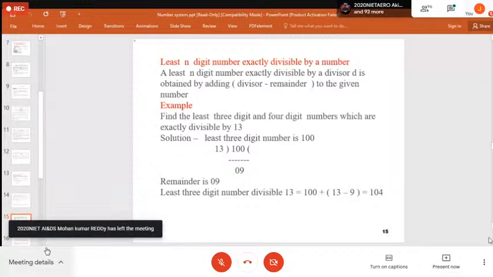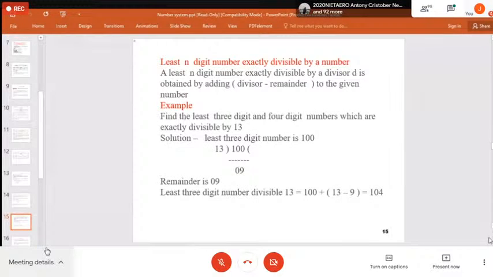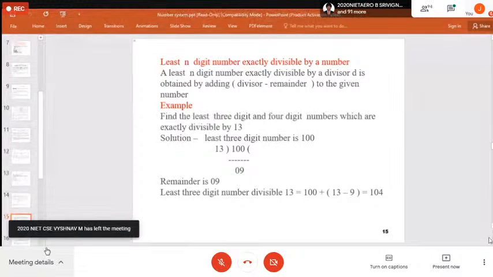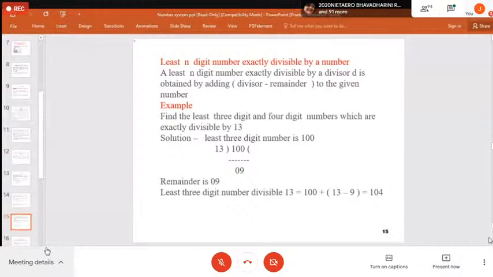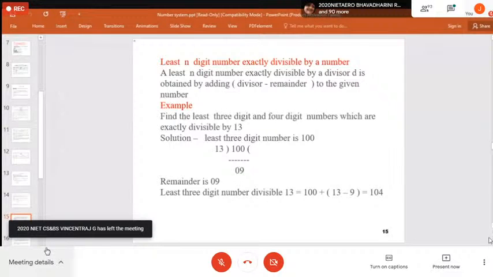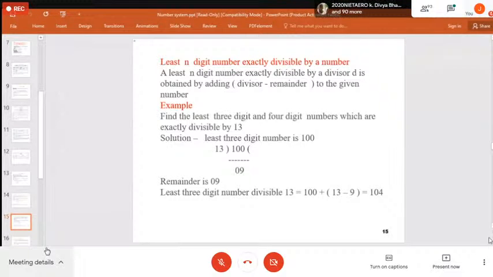Here the divisor is 13 and the remainder is 9, so 13 minus 9 is 4. You add this 4 to 100 and you will get 104. This is the least 3-digit number which is exactly divisible by 13.